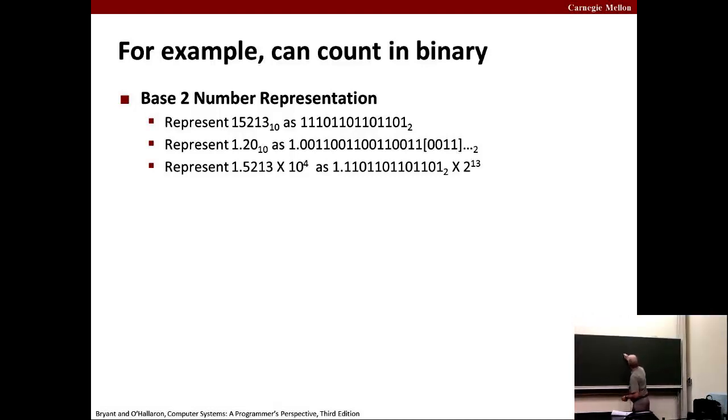Something to the left of that would have weight 1, 2 to the 0. And the next one over would have weight 2 to the 1. But as you go to the right, that has weight 2 to the minus 1, 2 to the minus 2. In other words, this is 1, this is 2, this is 1/2, and this is 1/4. So just like you do the decimal representation of fractions, we can do the binary representation of fractions. And that's the core of floating point number representations.